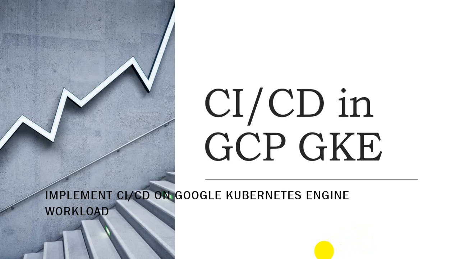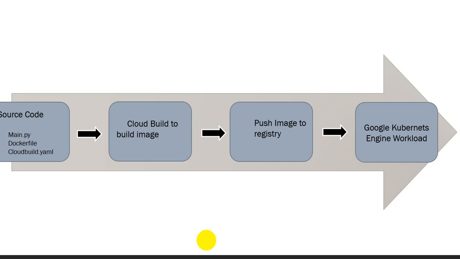So here we have to implement the CI/CD on a GKE workload. You can see the diagram here. We have the source code. In the source code you have the main.py file, the Dockerfile and the cloudbuild YML file. main.py is used for the application, one of the web apps, and the Dockerfile is required to create the image including the runtime.